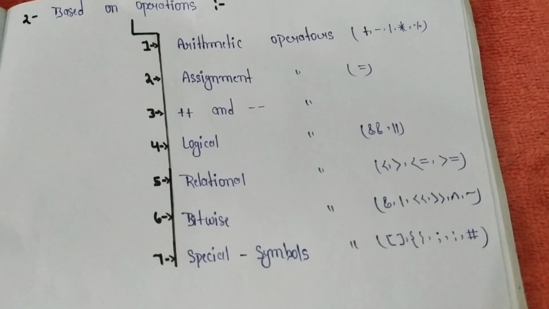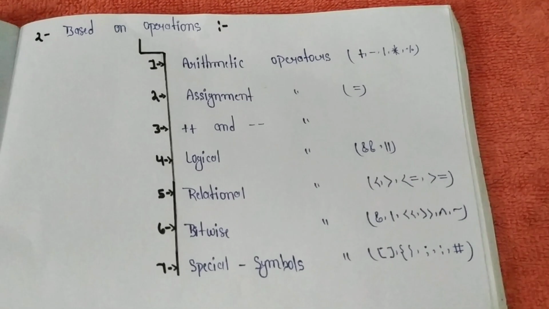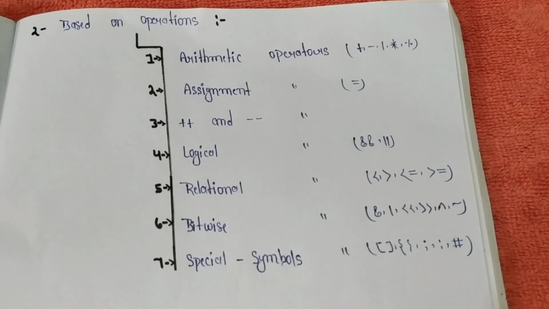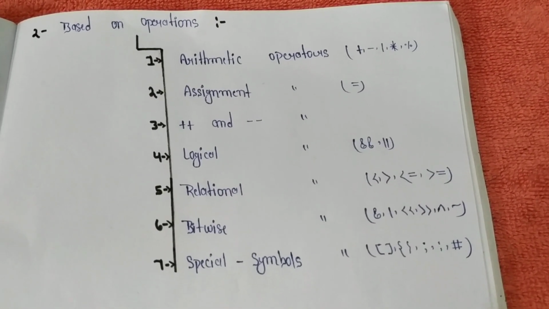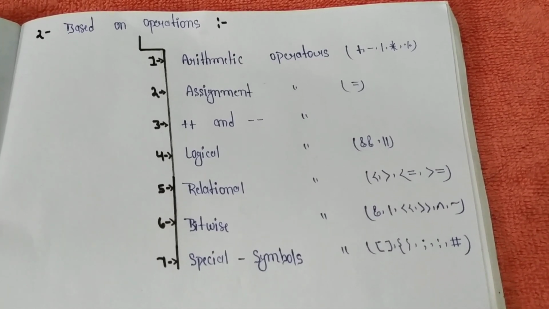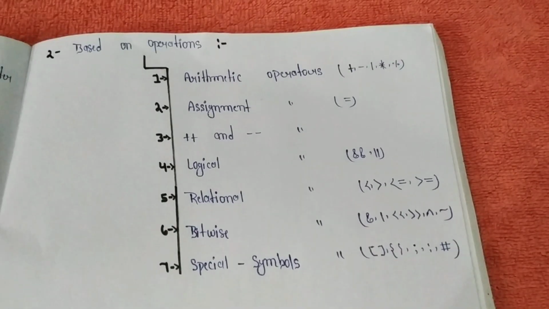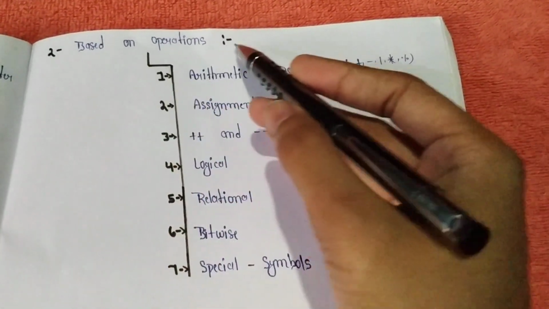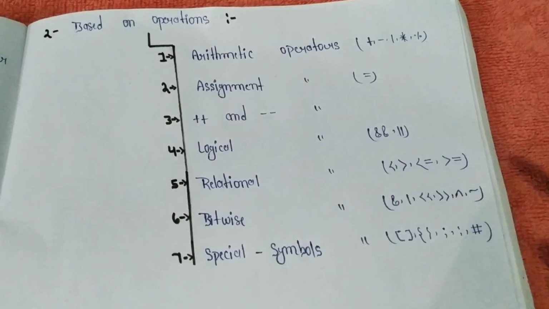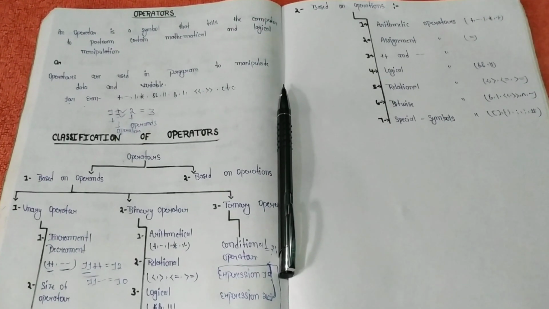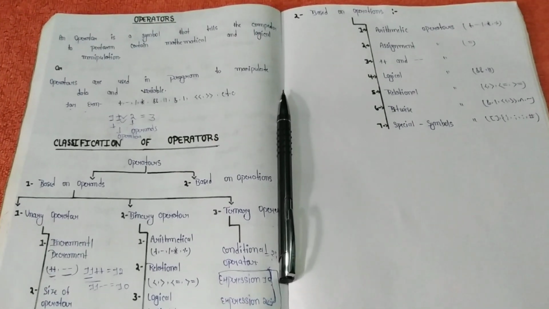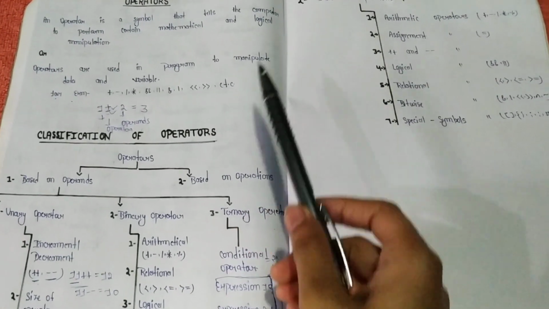In the previous video I already discussed special symbols, so you can check out that video and clear all your doubts. Based on operations, there are also 7 types of operators. So that's it about the types of operators based on operands and also based on operations.